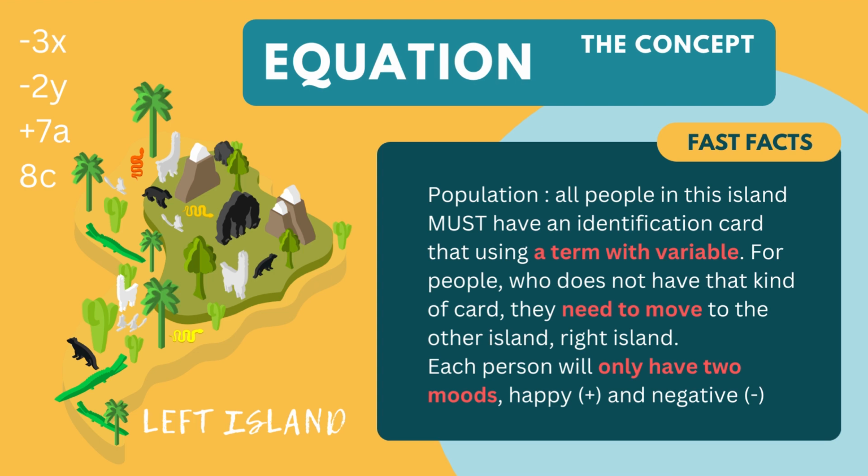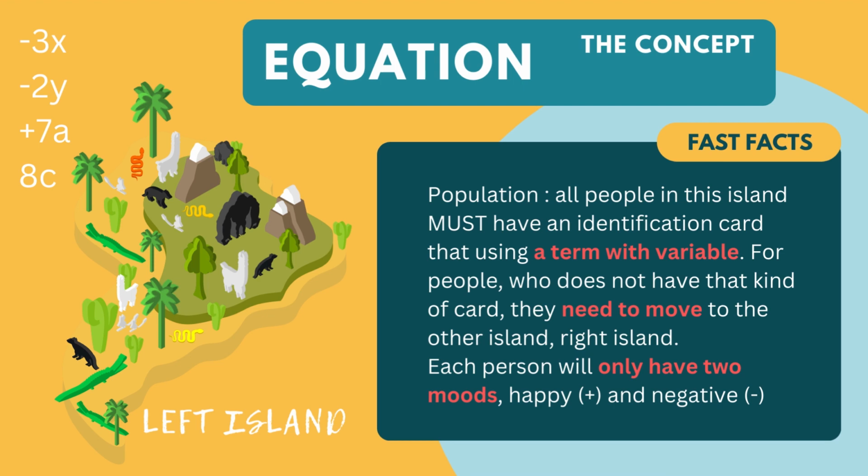We start with the left island. The population on this left island will have an identification card, and on that identification card, they should have a term with a variable. What is an example of that? Well, you can see on the left side of your screen: minus 3x, minus 2y, plus 7a, 8c.